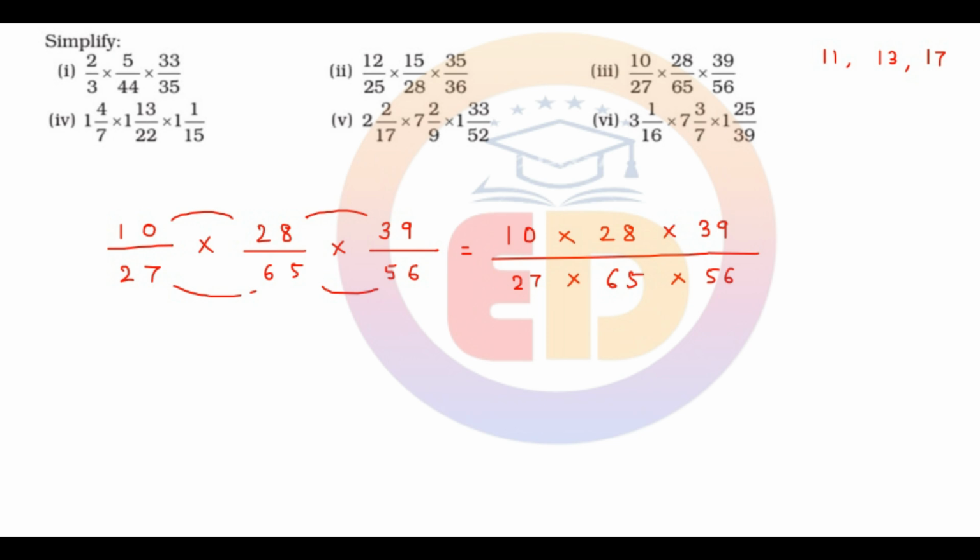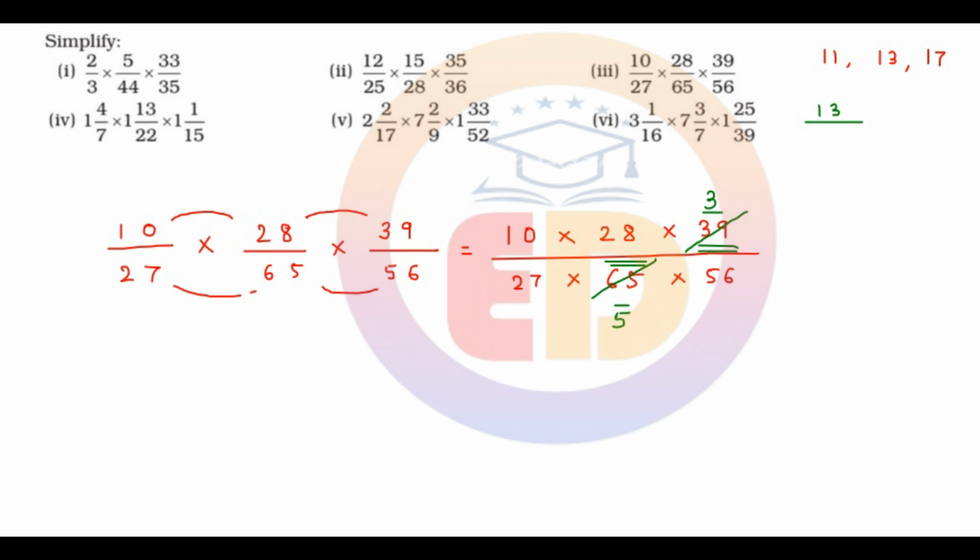I look at the numerator. One of the numerators is 39. Another numerator is 65. Remember that both 39 and 65 appear in the table of 13. So I will divide both 39 and 65 by 13, as 13 3s are 39 and 13 5s are 65. So 39 and 65 get cancelled, and in place of 39 I have 3, in place of 65 I have 5.